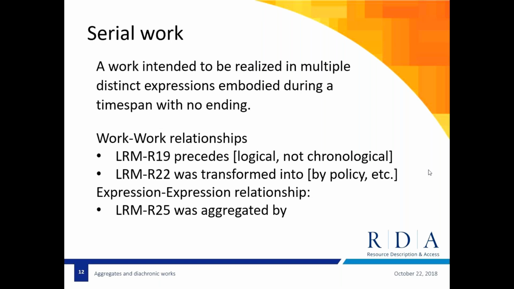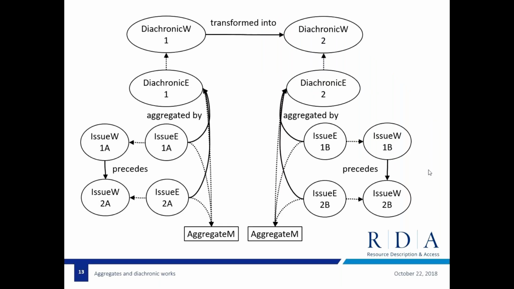And this is it, fainting time. This is a typical serial work. And it doesn't address any of the aggregates complications. So this is just the diachronic aspects of it. So what we have here is a diachronic work that starts off, it gets issued.